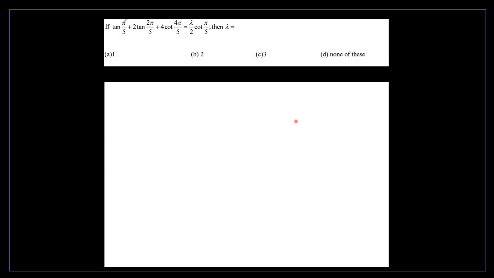Next, we take a very important form, that is tan A plus 2 tan 2A plus 2 square tan 2 square A, up to 2 to the power of n minus 1 tan 2 to the power of n minus 1 A, plus 2 to the power of n cot 2 to the power of n A, and this result will give us cot A. So we'll keep this in mind.